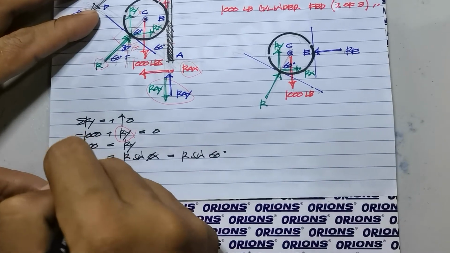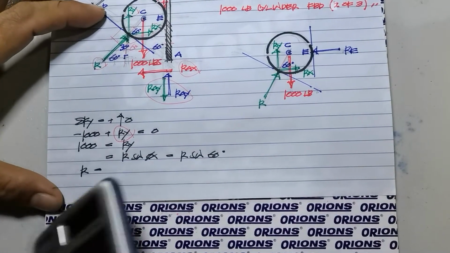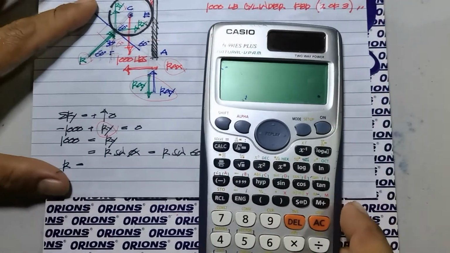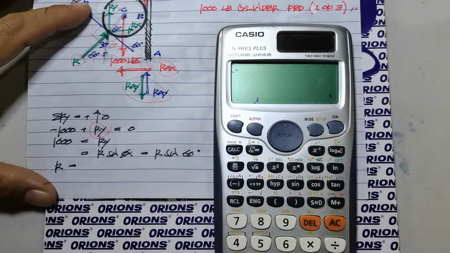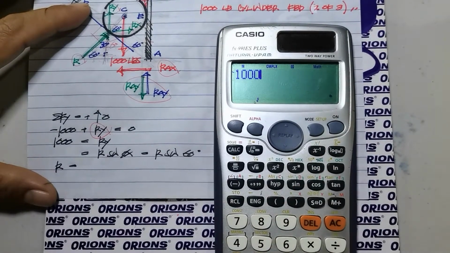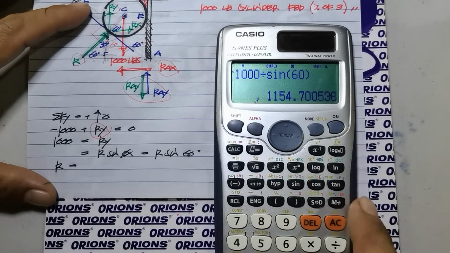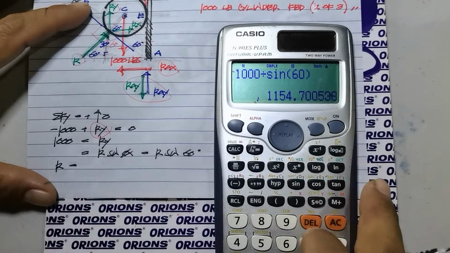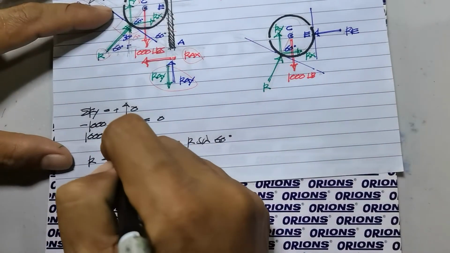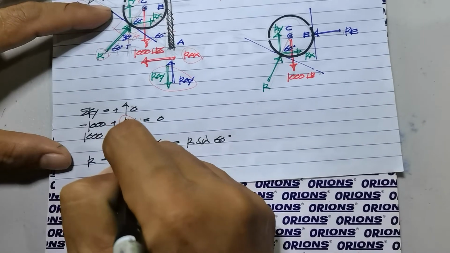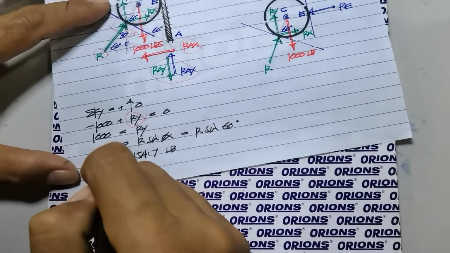In this case, lumalabas yung R value natin is 1,000 divided by sine ng 60. So, you have 1154.7, 1,154.7 pound.